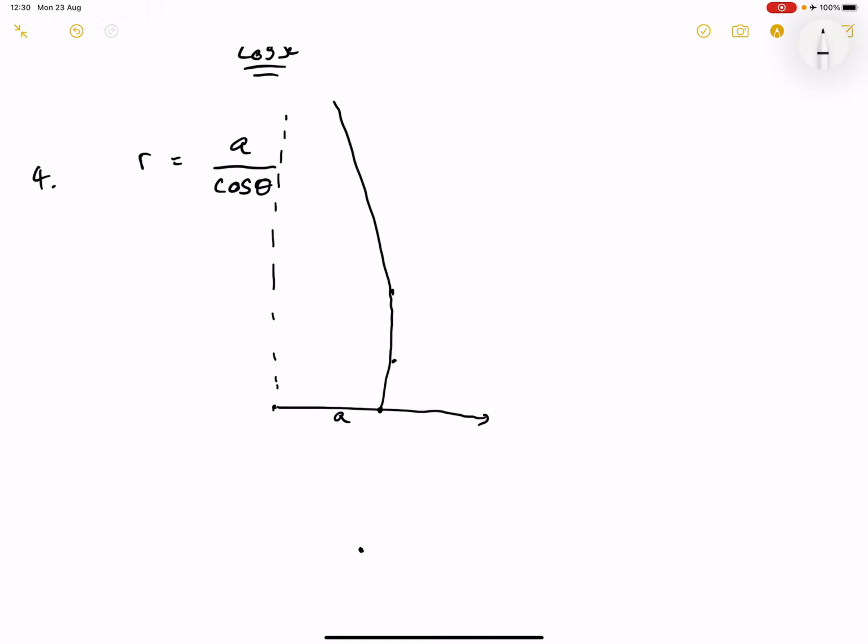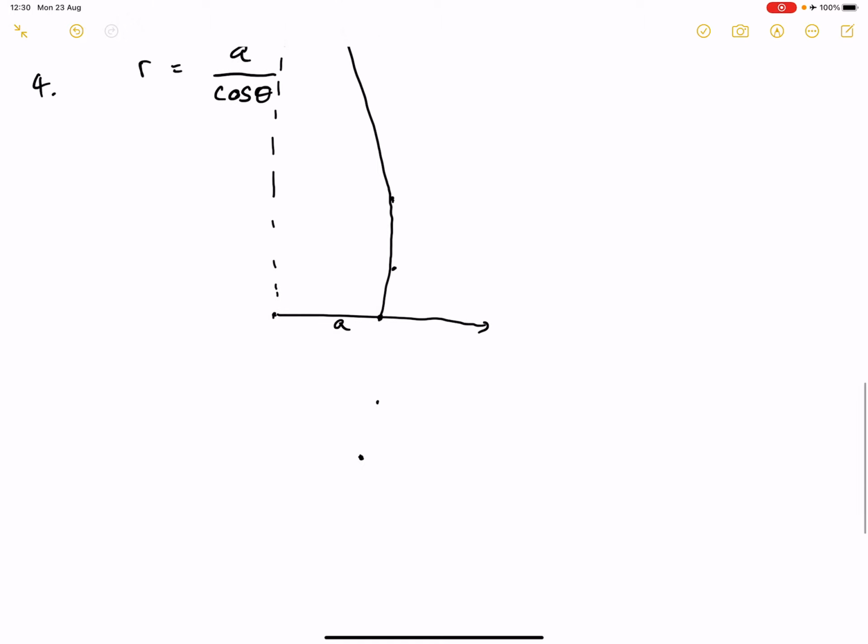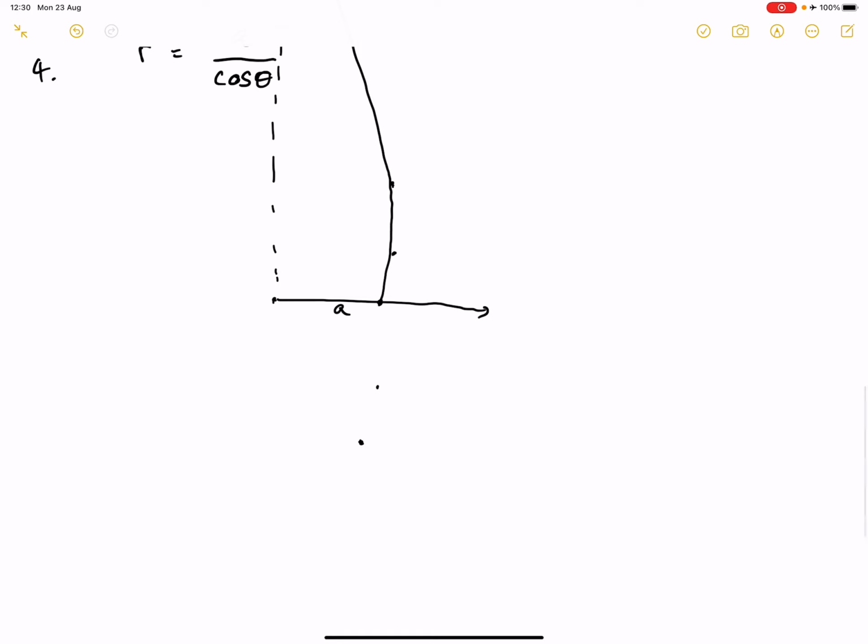And they haven't specified anything apart from that a is a positive constant, so I'm allowed to have a negative radius. The next one is minus 1.1, so that'll be just in here. And then finally we've got a radius of minus 1 when we get to pi. So what we have is it coming out here as well.